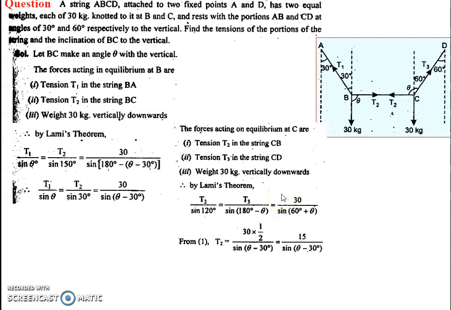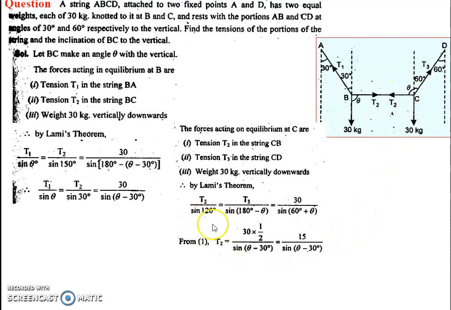So again by Lami's theorem, T2 by sine of the angle between T3 and 30, that is 120, T3 by sine of the angle, and this angle is 180 minus 30, and 30 by sine of the angle, which is 60 plus 30 degrees.